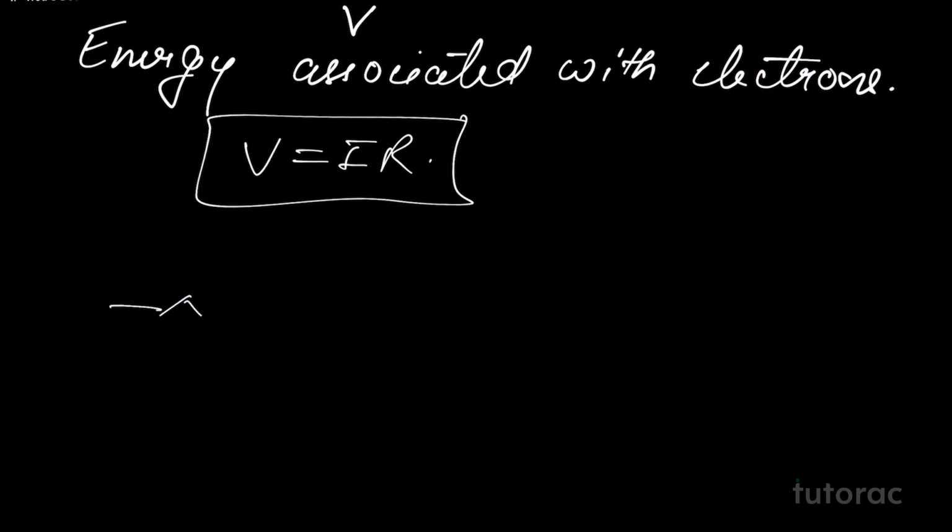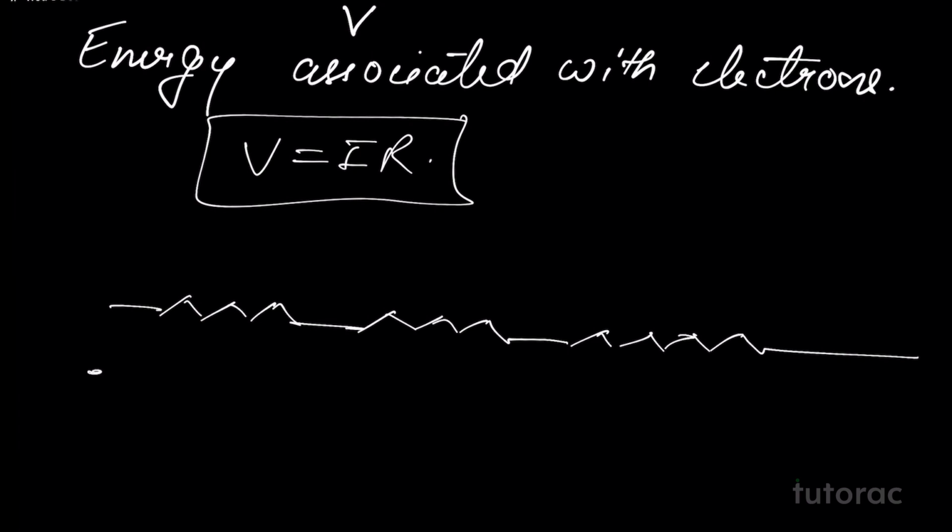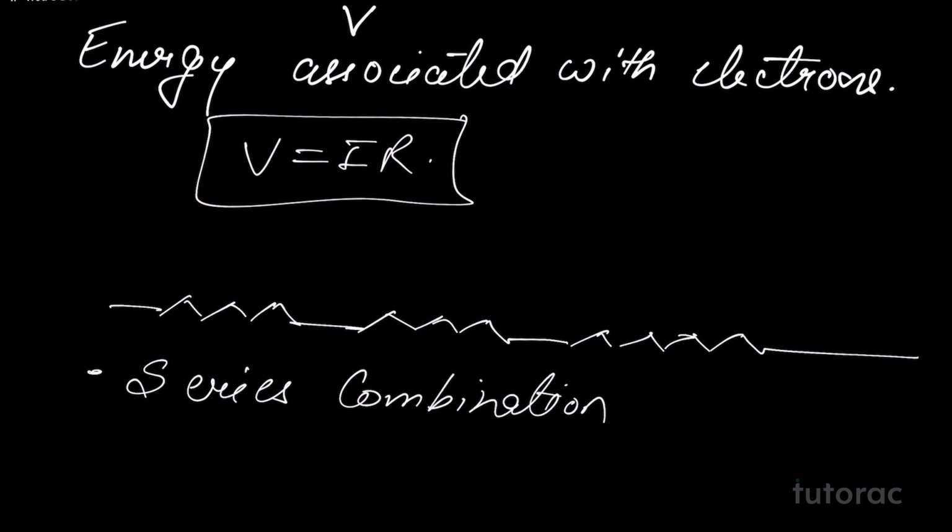Now, what will happen if we have multiple resistances? In order to connect multiple resistances, I have actually two choices. Either I can connect the resistances in this way. Suppose this is one resistance, then I can add one more resistance, then one more. This is one way of connecting resistances and we call it a series combination. We can attach multiple resistances one after another in a row.